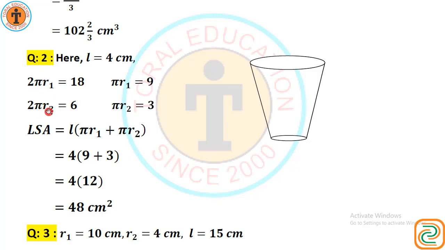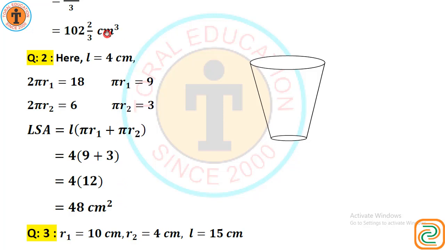Here 2 pi R2 is 6, that is pi R2 is 3, 2 goes there and 6 is divided by 2. Lateral surface area equals L into (pi R1 plus pi R2). L is 4, pi R1 is 9 plus 3, that is 12. 4 into 12 means 48 centimeter square.